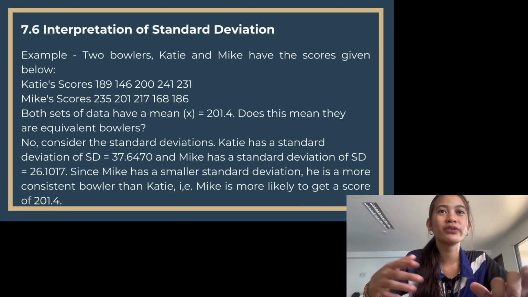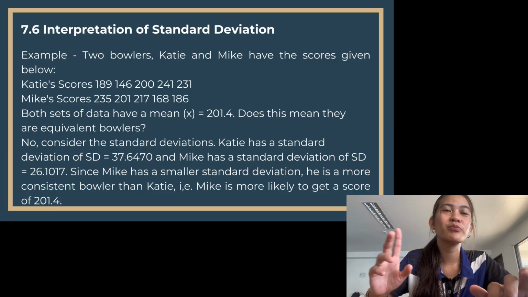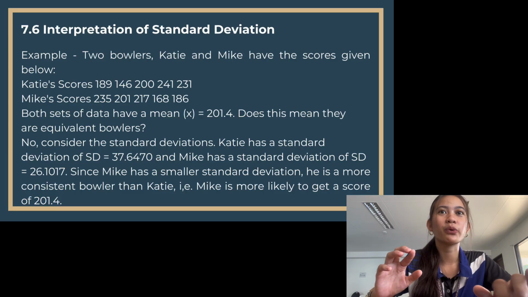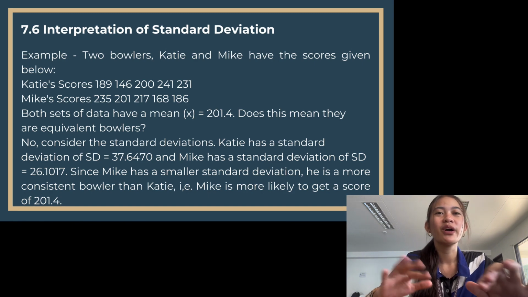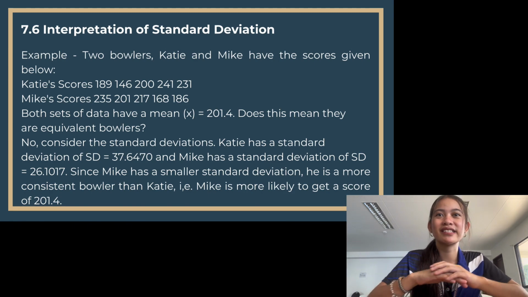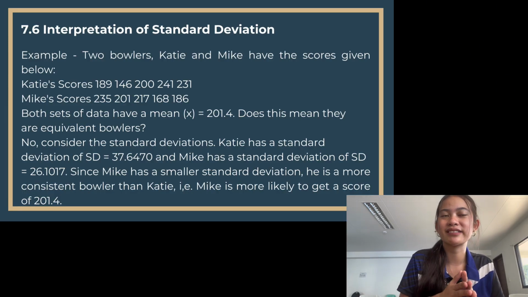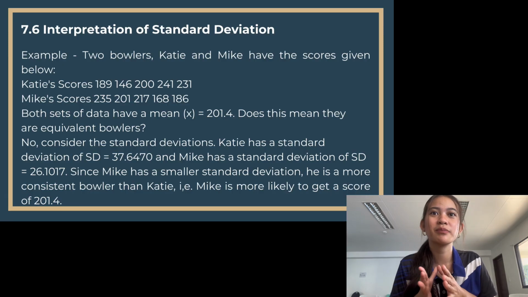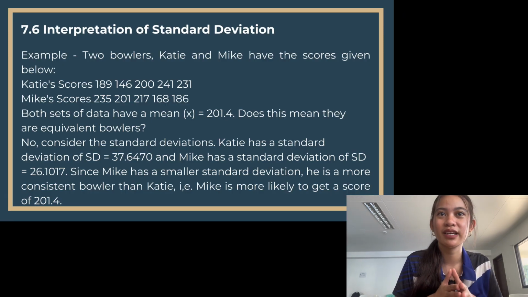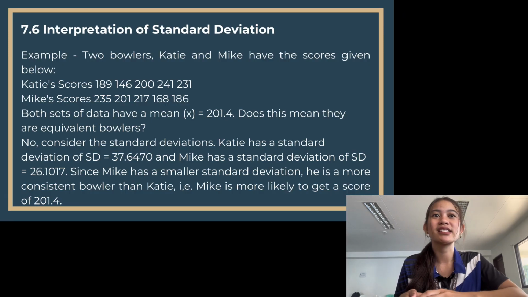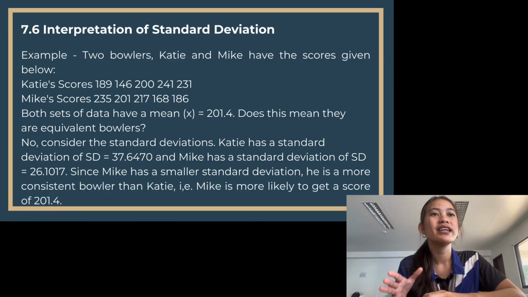Alright? So for example, here we have two bowlers, Katie and Mike, with the scores given below. Does this mean they are equivalent bowlers? No. Consider the standard deviation. Katie has a standard deviation of 37.6470 and Mike has a standard deviation of 26.1017. Since Mike has a smaller standard deviation, he is a more consistent bowler than Katie.